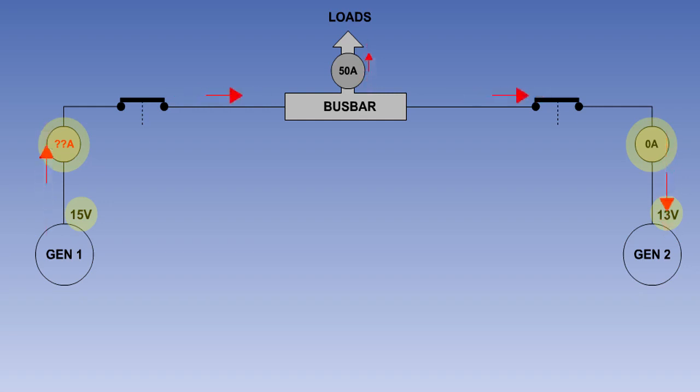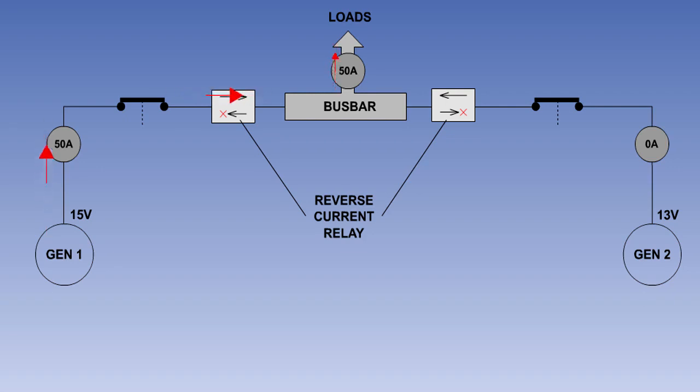This is known as a recirculating current. The current flowing to the low voltage generator can be very high, and it will be attempting to turn the generator into a motor. The attempted direction of rotation of the motor will be in opposition to the direction of rotation of the engine.